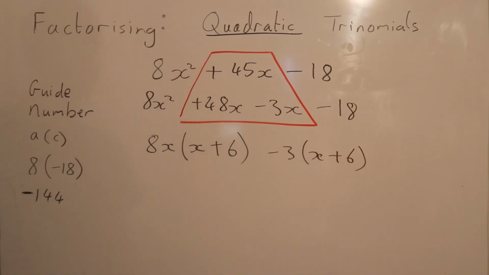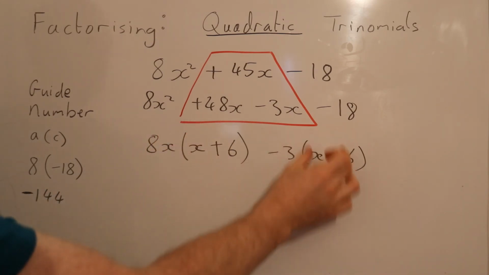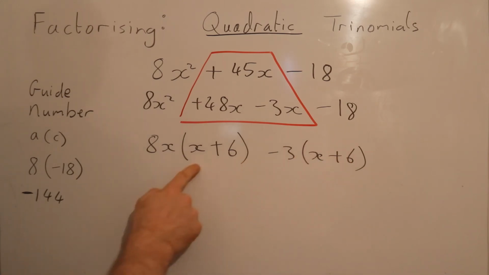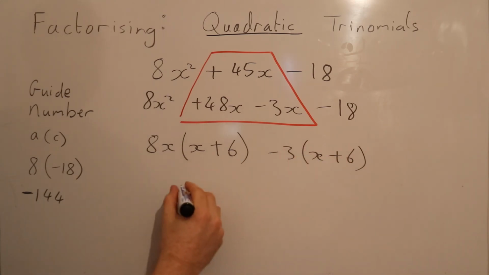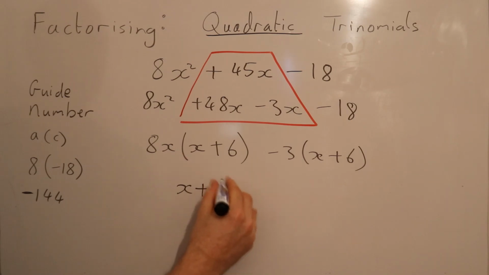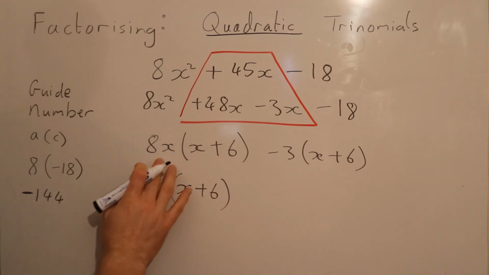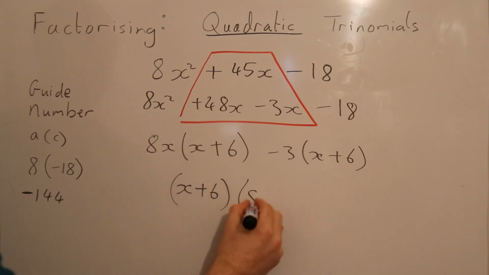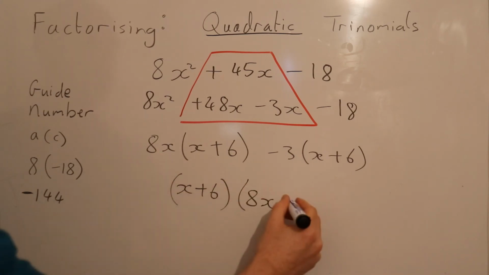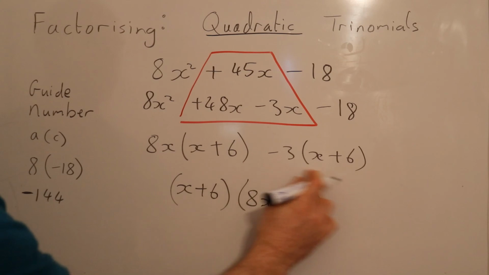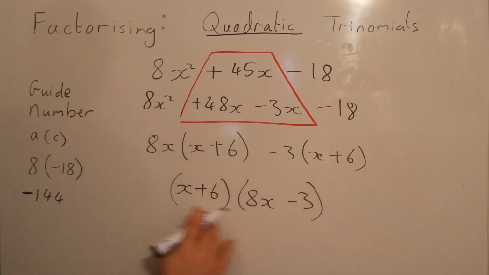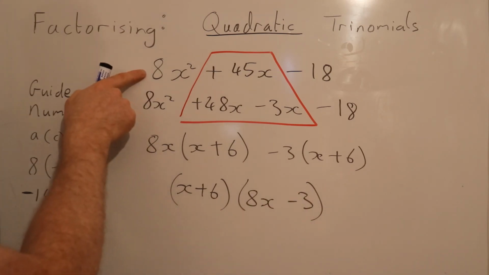Of course, grouping is just highest common factor done once, done a second time, and now we have a new common factor. So let's do highest common factor a third time. Let's take this common factor x plus 6 out to the front. I'll be left with 8x minus 3, 8x from here, and minus 3 from this term. And of course you can multiply that out, we should get back exactly what we started with.